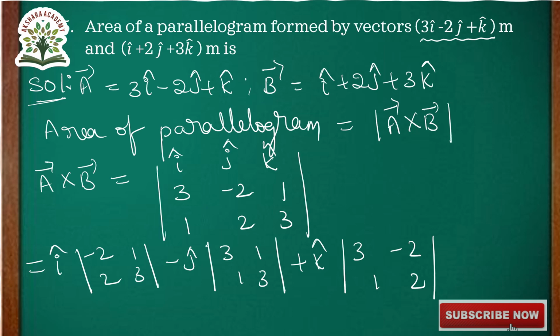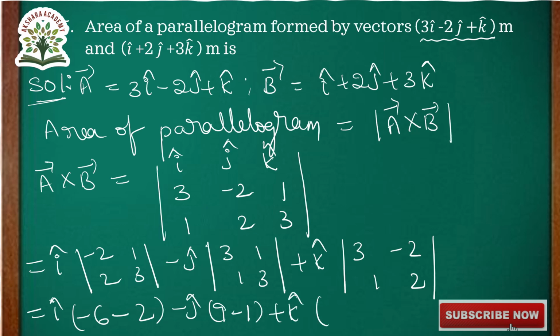So that is equal to i cap of 3 twos are 6, minus 2, minus 6. Here 2 ones are 2, minus 2, minus j cap of 3 threes are 9, 1 into 1, minus 1, plus k cap of 3 twos are 6, here minus into minus plus, 1 into 2, 2.